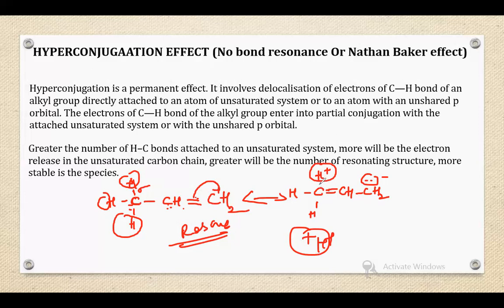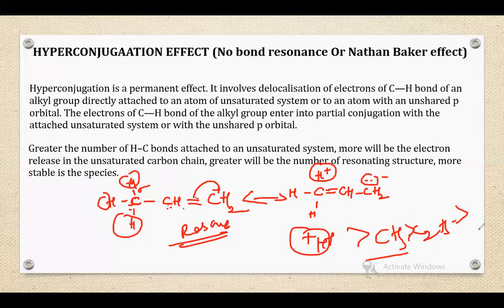In this, we notice the CH3, methyl, ethyl C2H5, or the tertiary butyl compounds. The hyperconjugation effect decreases in this order: CH3 is greater than C2H5, which is greater than isopropyl, which is greater than tertiary butyl.